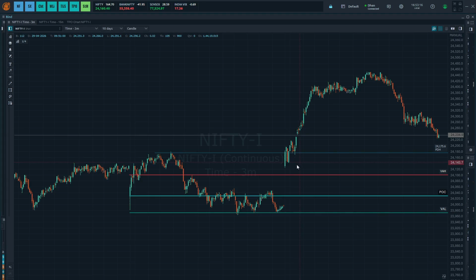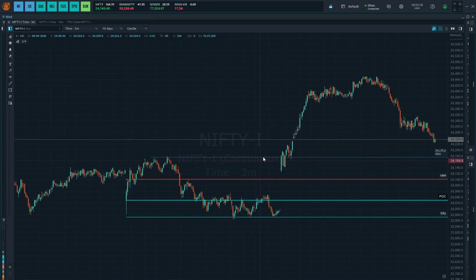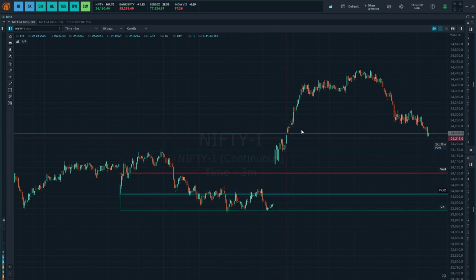This is one confirmation that we might move to the upper side, but there is another possibility that we might get rejection from here and then travel completely back into this value area. So rejection is also possible.